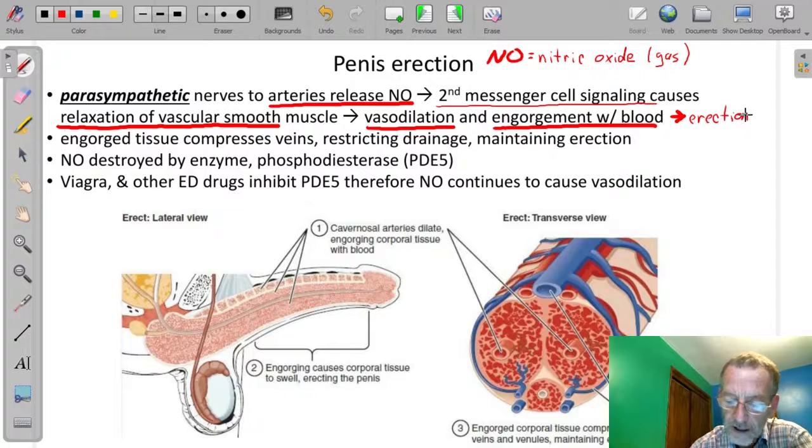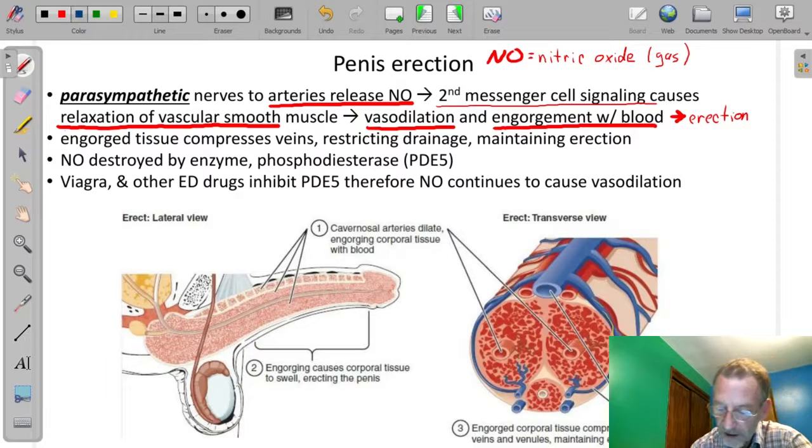Okay. And then as that blood fills the spongy tissue, as it becomes engorged with blood, as it swells, it compresses the veins. So here are the veins, of course.